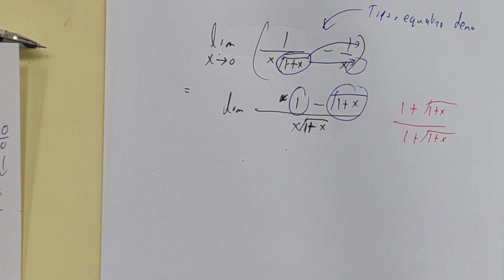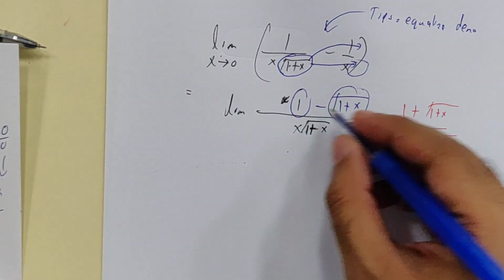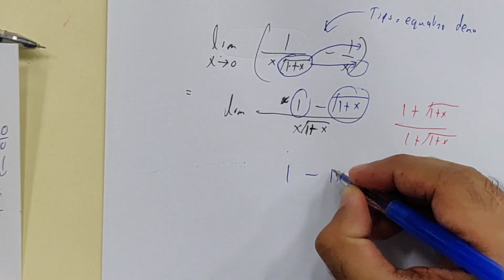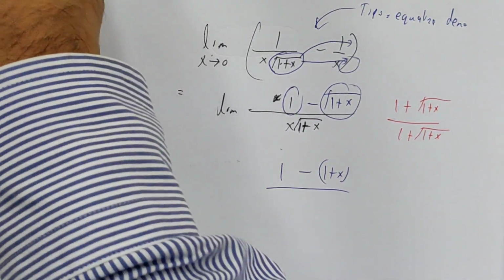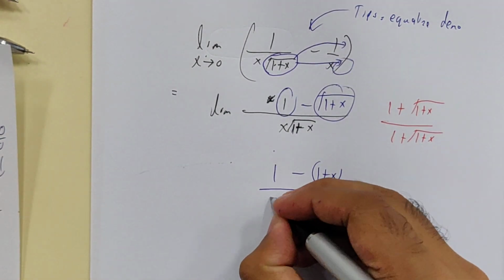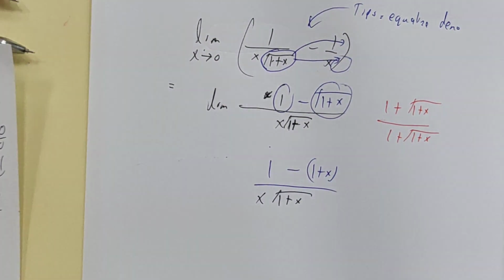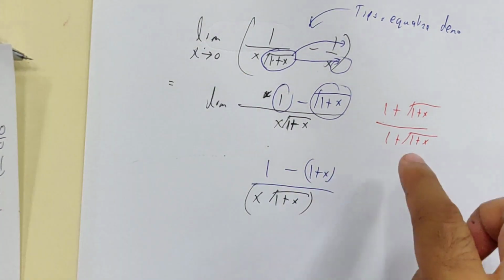Okay, so let's try. Which one should I expand? Top part. So what do I get? 1 minus 1 plus x. The 1 plus square root of x remains as it is. Should I expand down here?